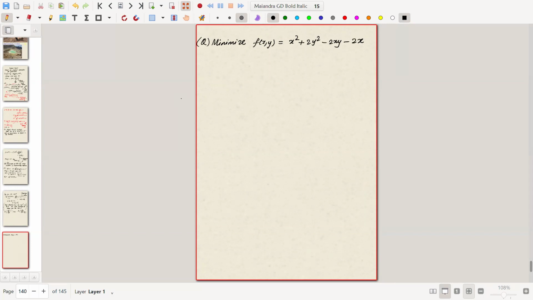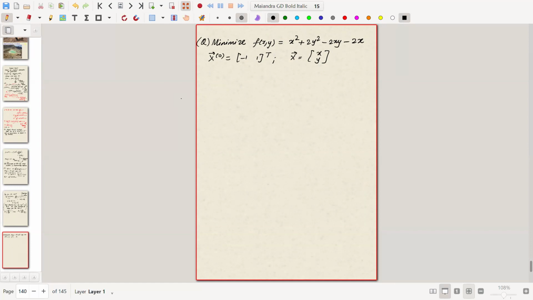This is your function f(x, y), which you already saw. We need an initial vector x to start for gradient descent. This x vector is say (minus 1, 1) transpose.